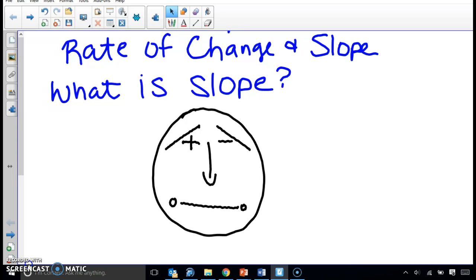Alright, so now what we're going to do is we are going to fill in this note sheet with some facts about slope. So slope is going to go in the middle, and you can use colored pencils to fill it in so it's pretty.